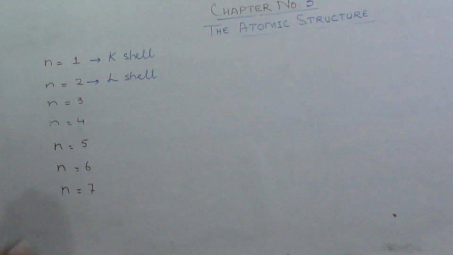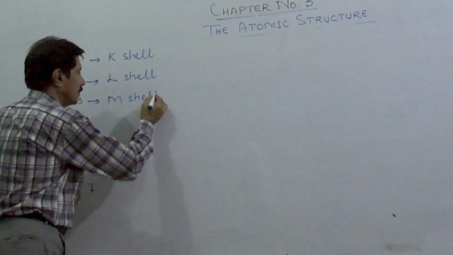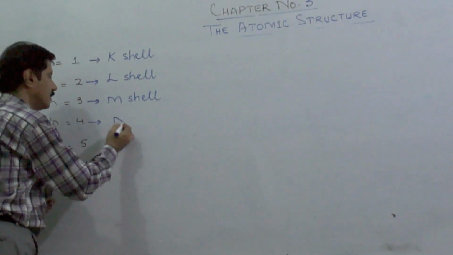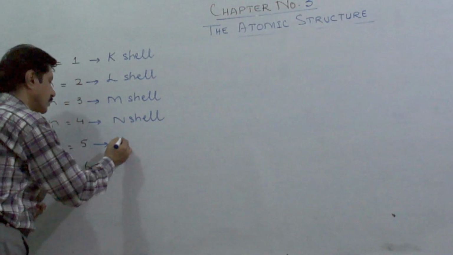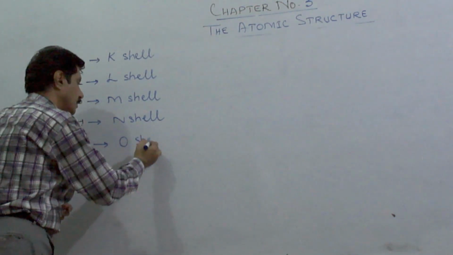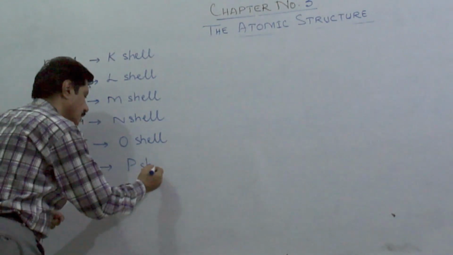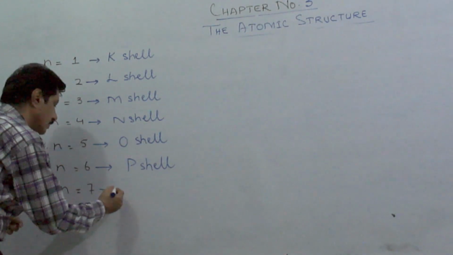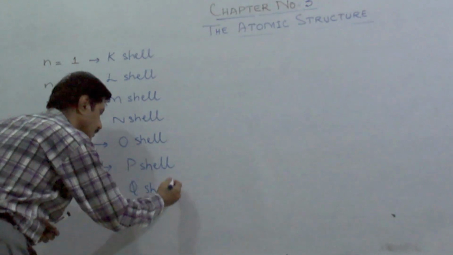Then comes the L shell, M shell, N shell, O shell, P shell, and for n equals 7 it must be Q shell.